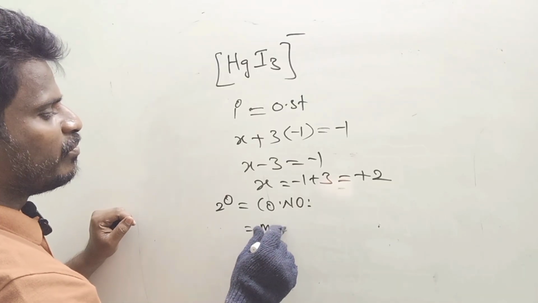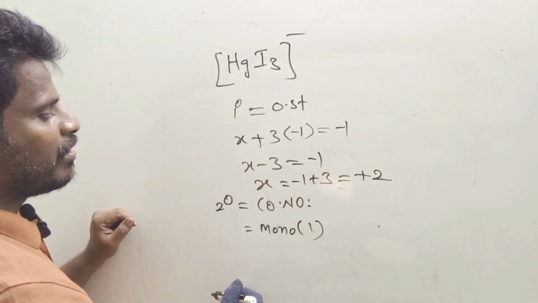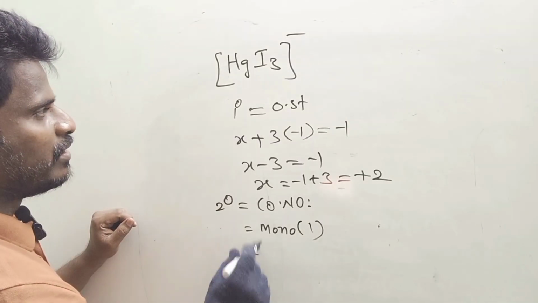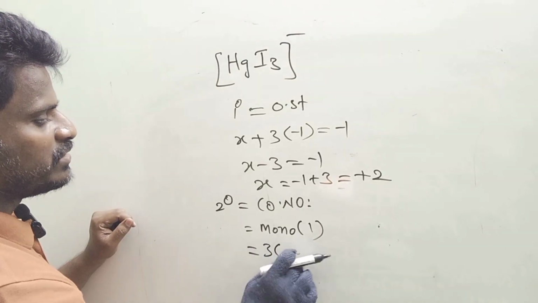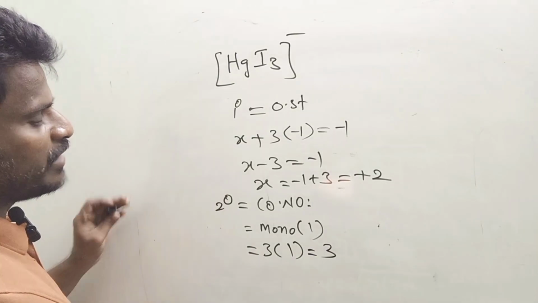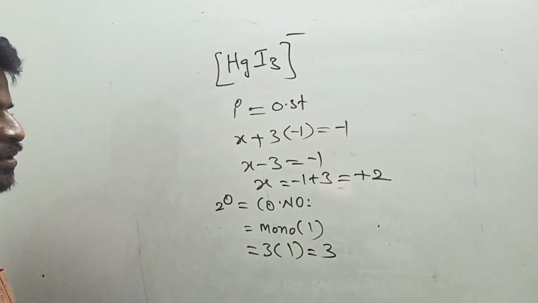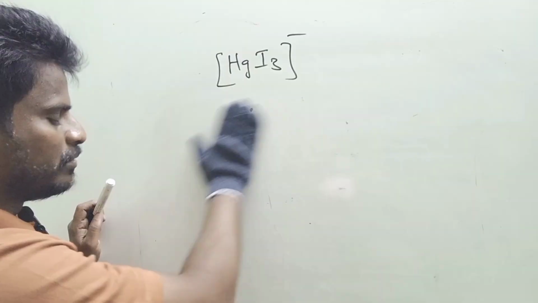Therefore, the number of monodentate ligands into 1 is the coordination number. Here 3 monodentate ligands are there, each one makes one bond, so secondary valency is 3. Then the hybridization of this molecule.